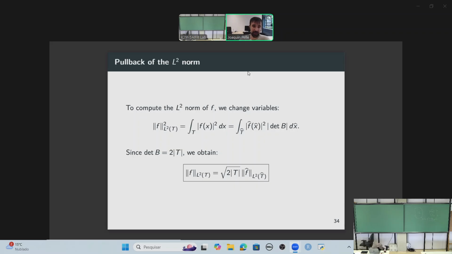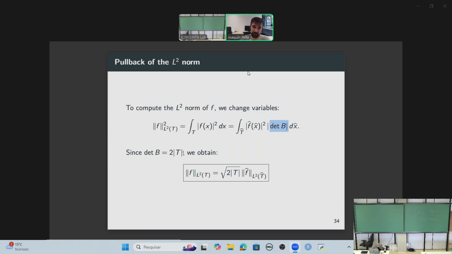So yeah, if we have any function f on the physical triangle, we can write its L2 norm in this way. This is just the definition. And if we change variables here in the integral, simply, we can write this as the integral now on the reference triangle, where the factor that appears here is just the determinant of b.